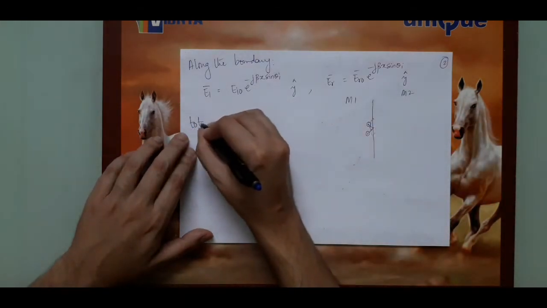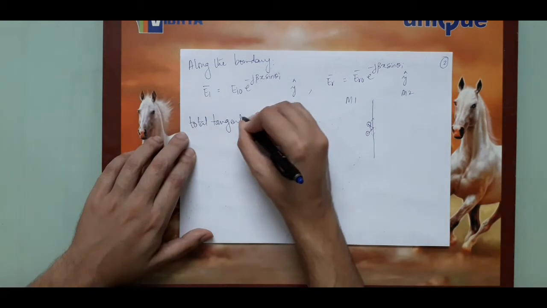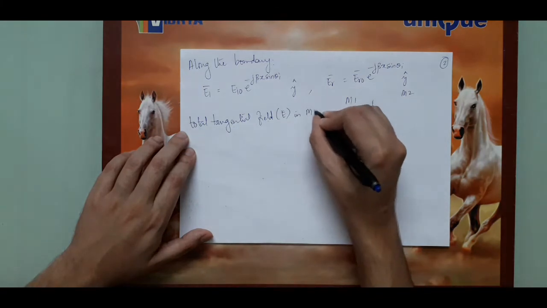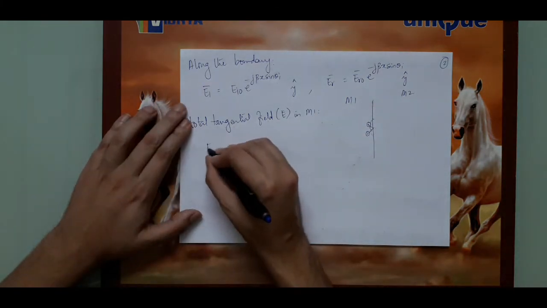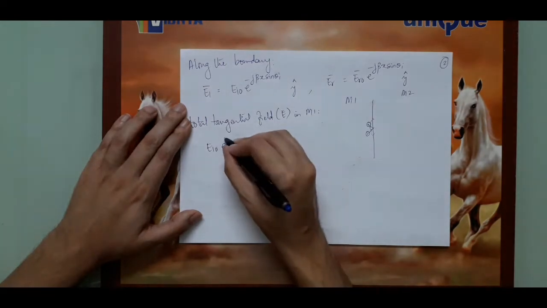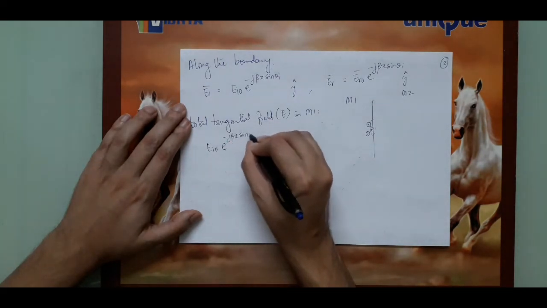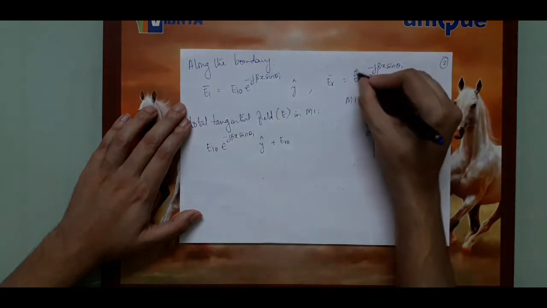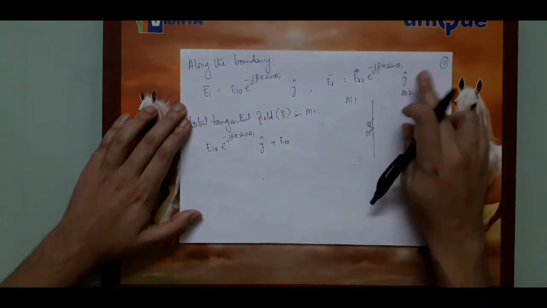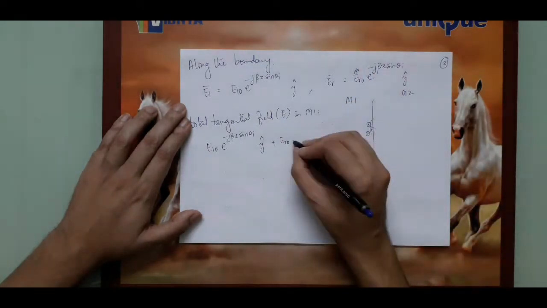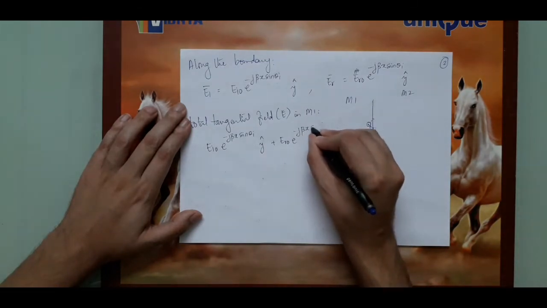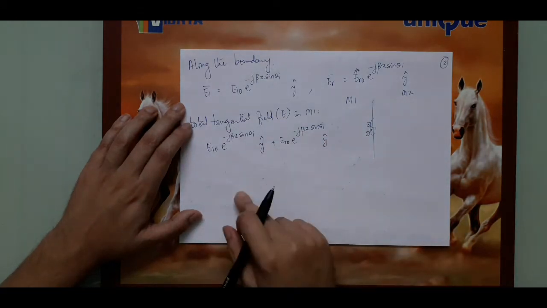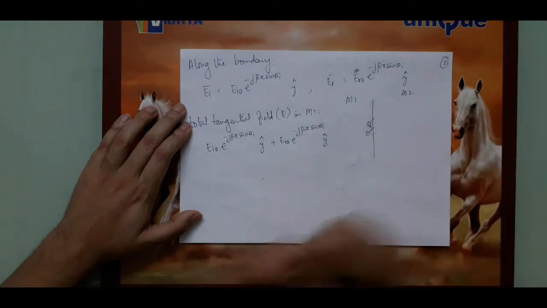So I can say total tangential fields, that is E field, in medium 1, that is nothing but the sum of these two here. The ER0 vector will not be there because the y is written already over here. So the sum of these two fields is the total tangential field in medium 1.